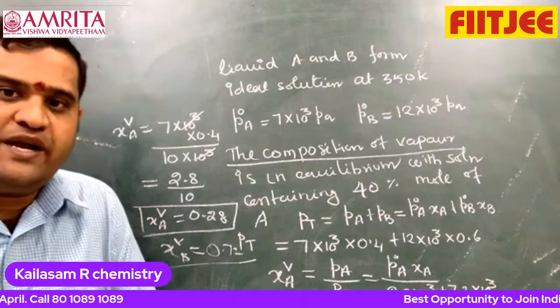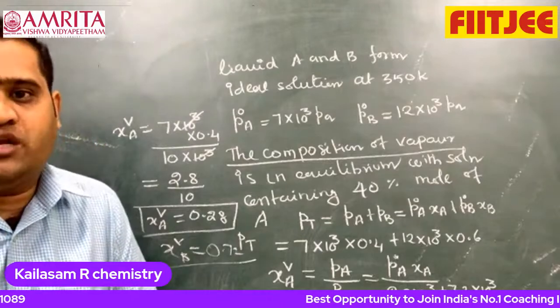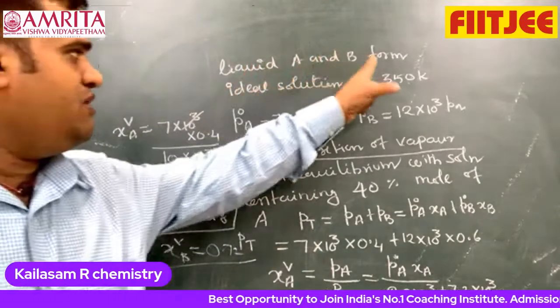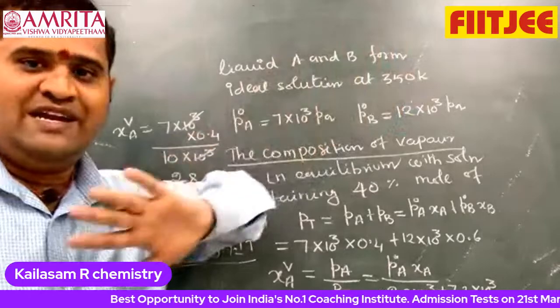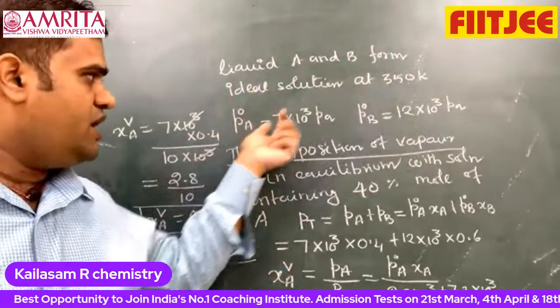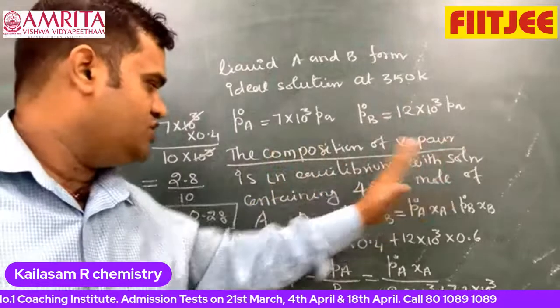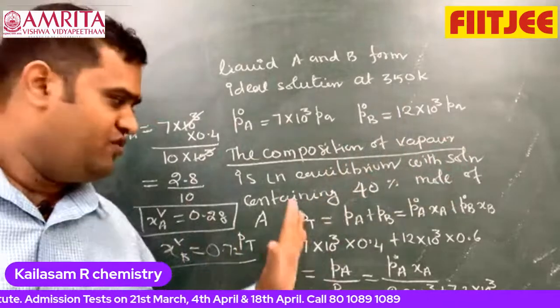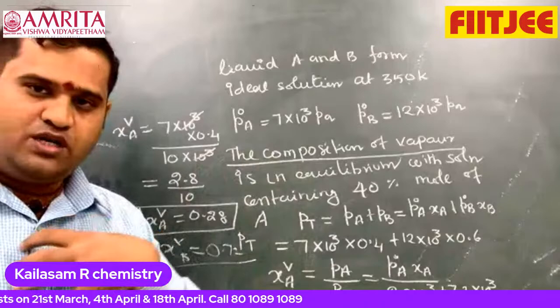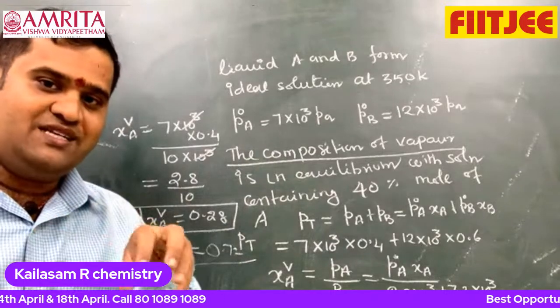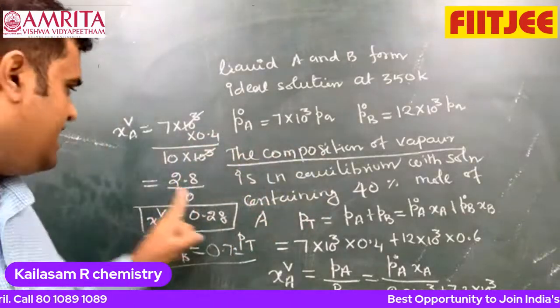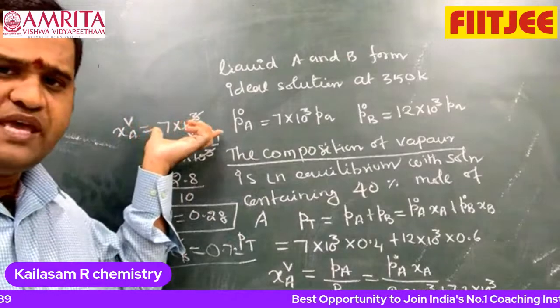This is what you may expect from the JEE Mains point of view. Repeating the question: liquid A and B form ideal solution at 350 Kelvin over the entire range, and P naught A and P naught B are given. Find the composition of vapor in equilibrium with the solution containing 40 mole percent of A at this temperature. I want to find the vapor phase of A. We know XAV is equal to PA by PT.